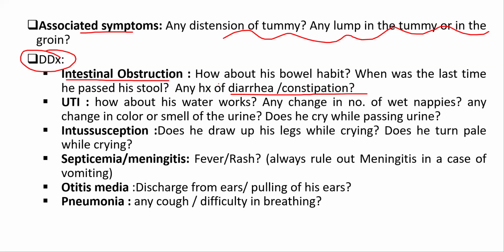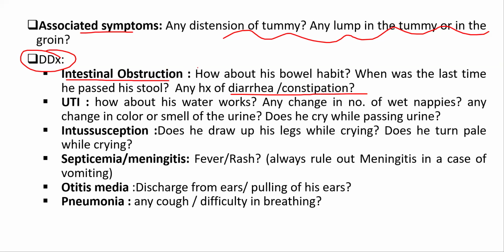If there is a history of diarrhea with vomiting, you can think of gastroenteritis. If there is a history of constipation, like the child did not open bowel for 3 or 4 days, and now there is tummy distension, and also the child is vomiting, then you would be concerned about intestinal obstruction. Okay, so try to relate these questions to different differential diagnoses.